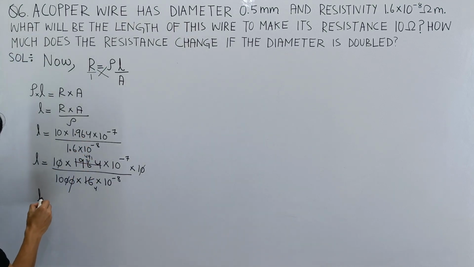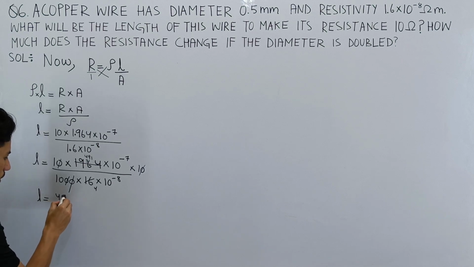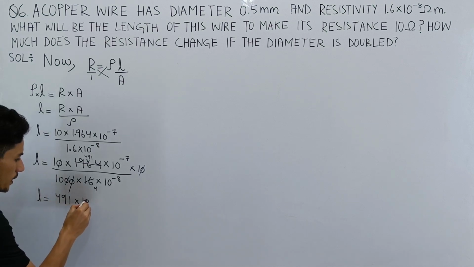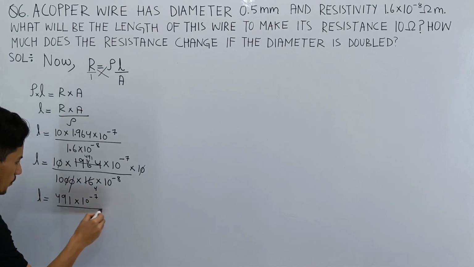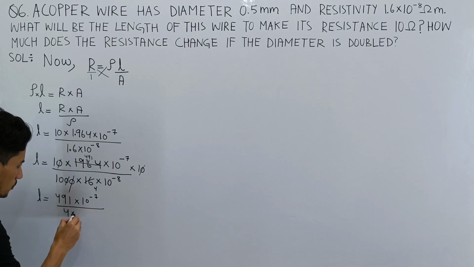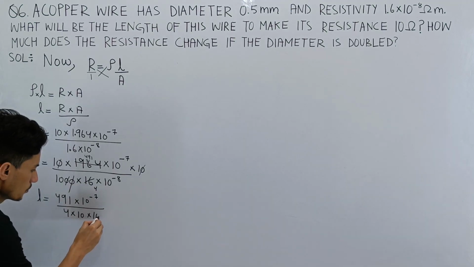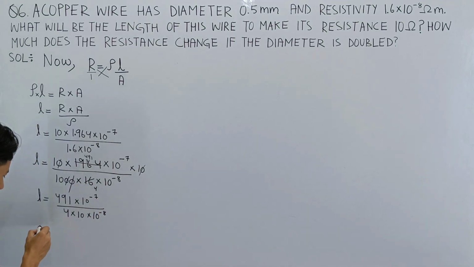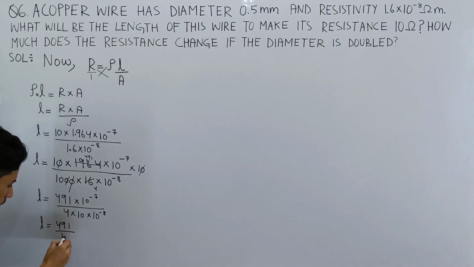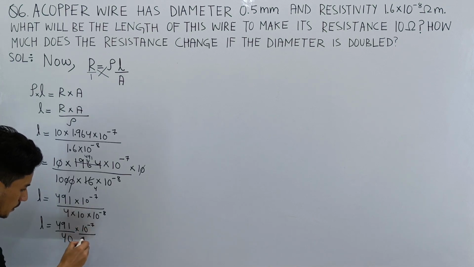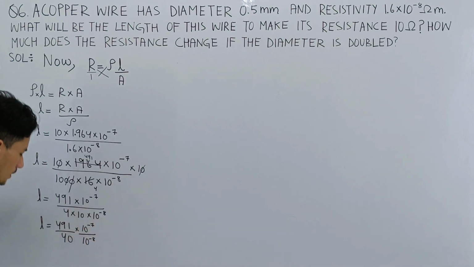So what you have is L is equal to 491 into 10 to the power minus 7, and you have got here 4 into 10 to the power minus 8. So L is equal to 491 divided by 4 tens are 40 into 10 to the power minus 7, 10 to the power minus 8.